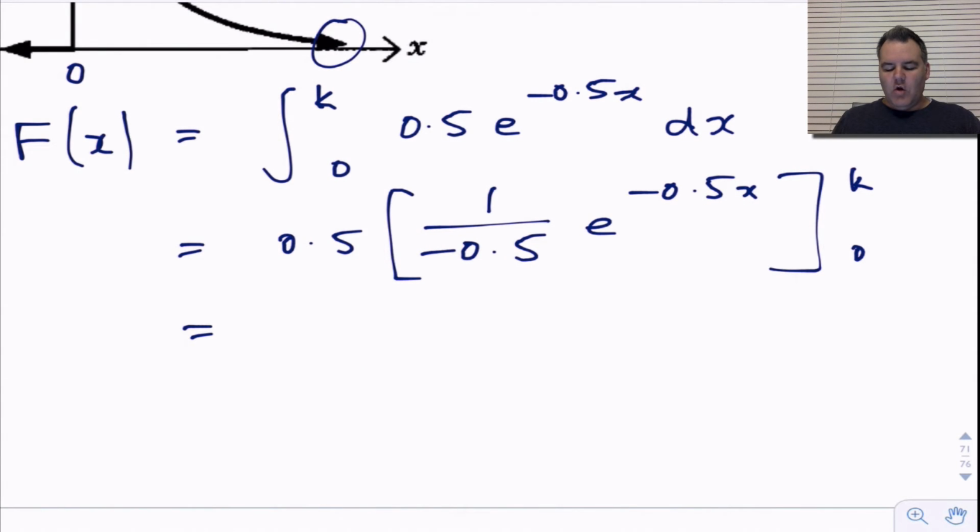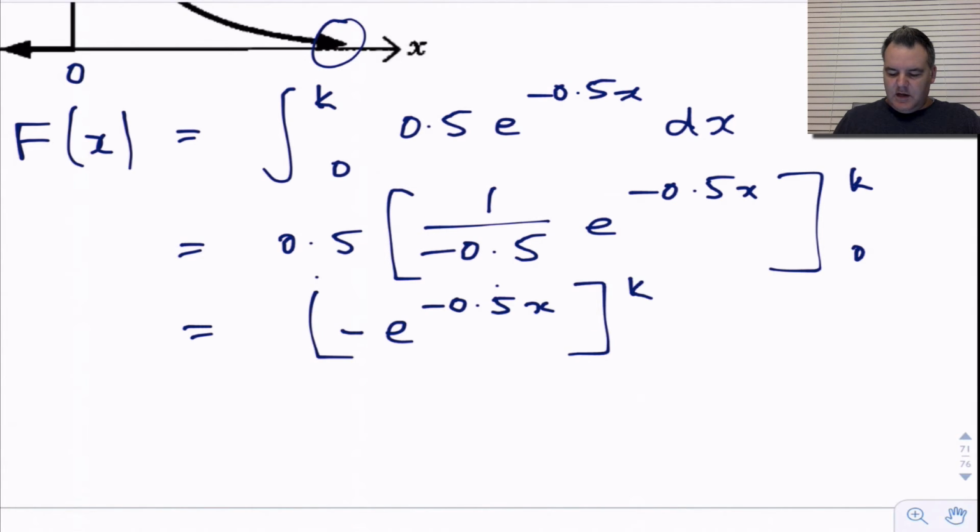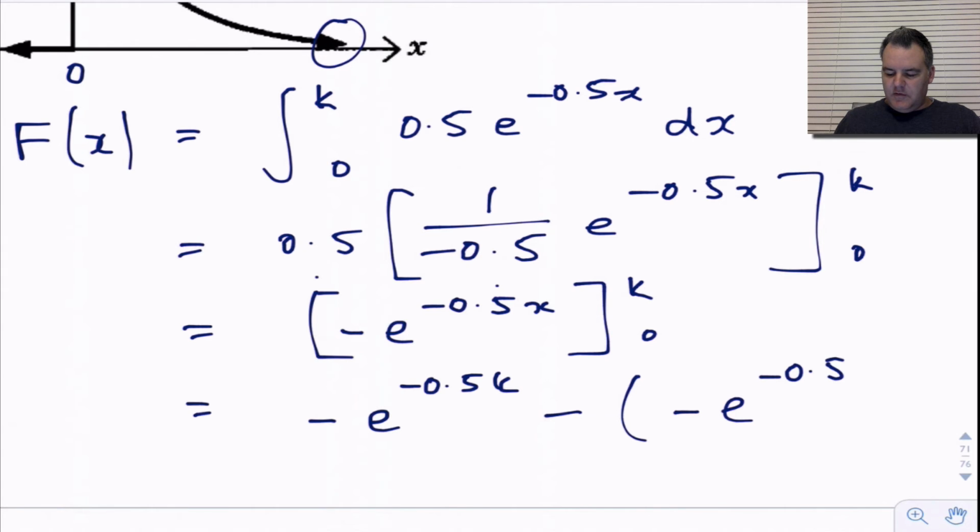Okay, so 1 over negative a half is the same as negative 2 times that. So this is negative 2 times 0.5, which is just negative 1. So negative e to the negative 0.5x between k and 0, which is negative e to the negative 0.5k minus negative e to the negative 0.5 times 0.